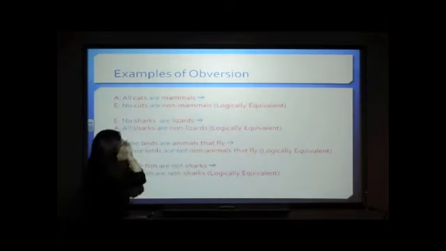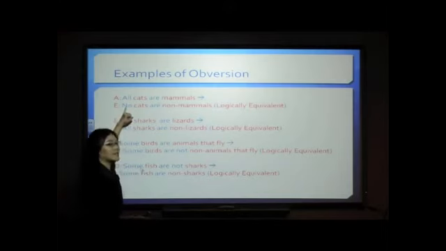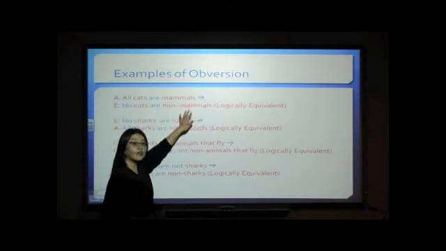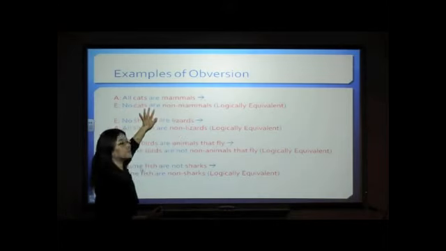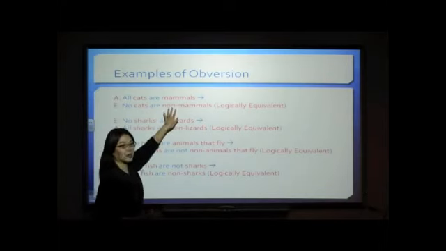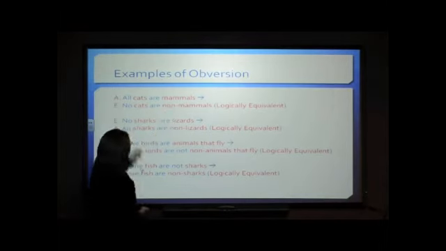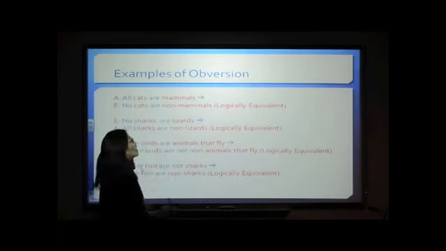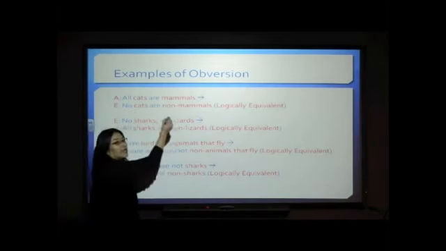So if you have, let's say, something like this initially given to you, no cats are non-mammals, what you can use is obversion on this statement in order to give you the A-type statement without the term complement in it, okay? So if you have this statement here, no cats are non-mammals, you would then go the other direction, right?